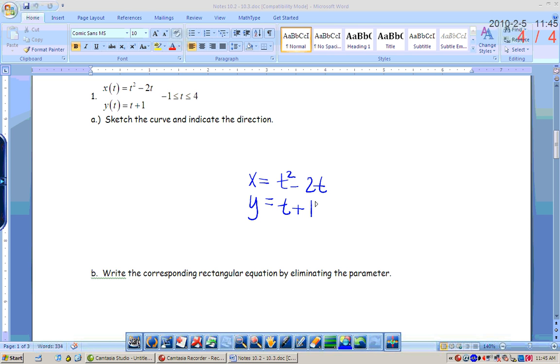I can use a system of equations: solve one of the equations for t and then substitute it back into the other one. Do you want to solve the x equation or the y equation for t? Definitely y. So t would equal y minus 1. Then I'm going to go back up to x, and everywhere I see a t, I'm going to put in y minus 1.